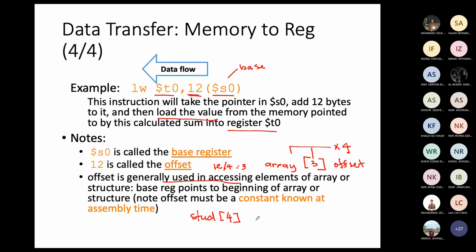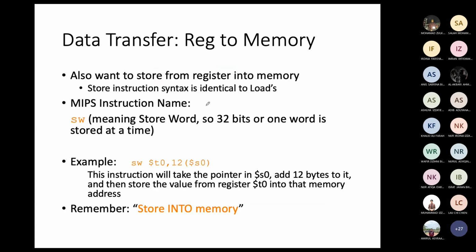What would your offset be? Index 4 multiplied by 4 bytes, so you get 16. Then you can write load word T0, 16, dollar S0 with the bracket. That is how you write the memory to register command. We also want to store from register into memory.